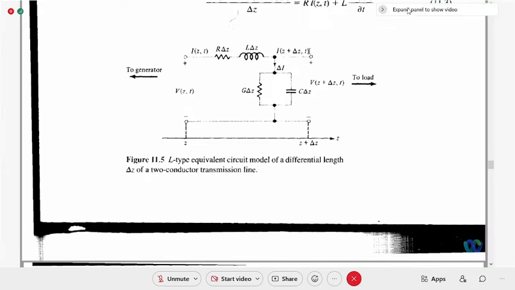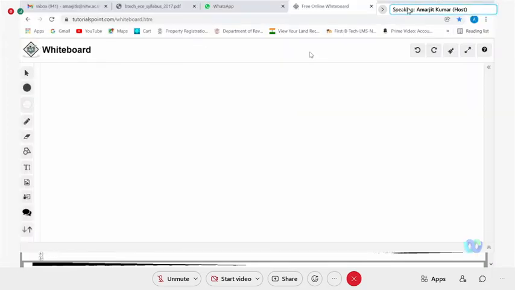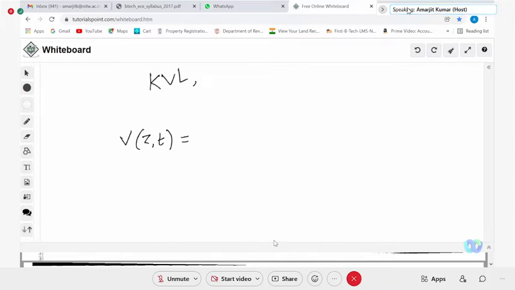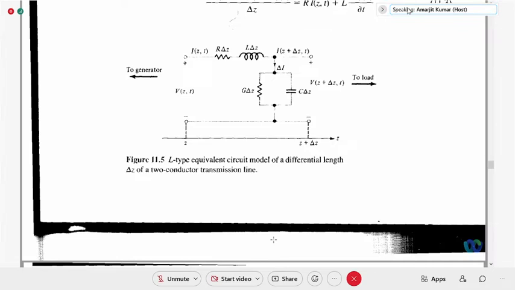Applying KVL to the transmission line, V(Z,T) will be equal to I(Z,T) into R delta Z plus L delta Z del I by del T of I(Z,T), plus V(Z plus delta Z, T).